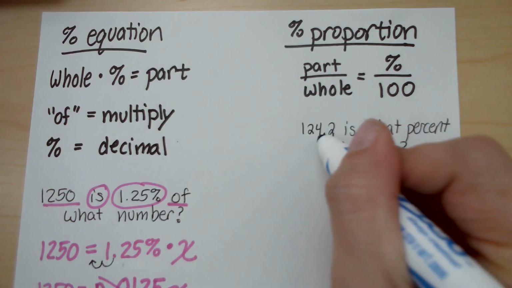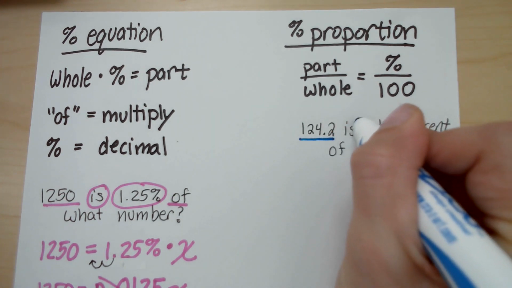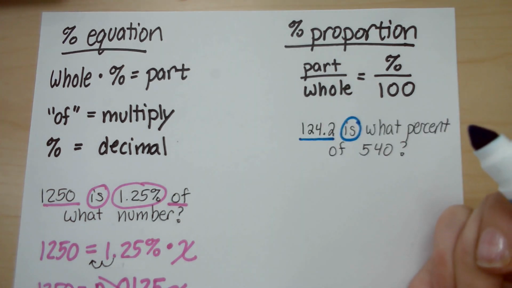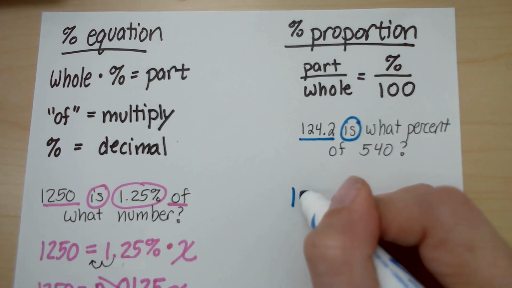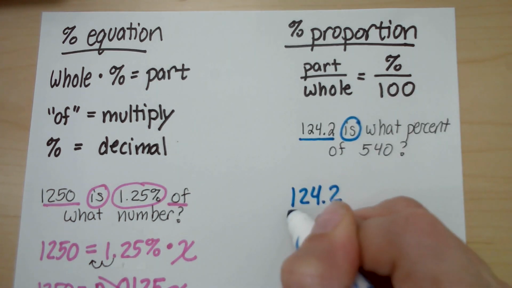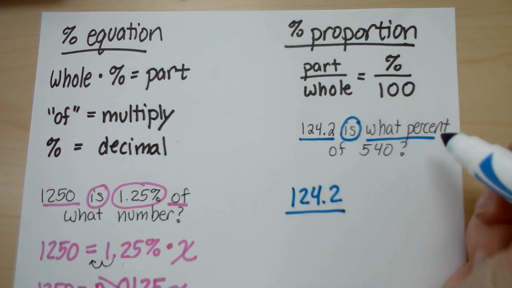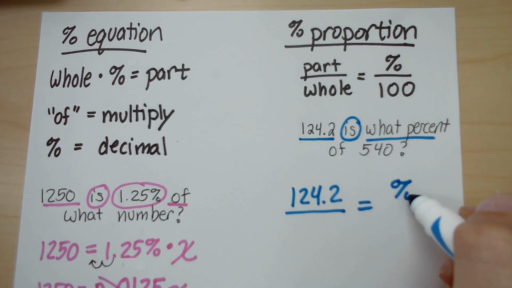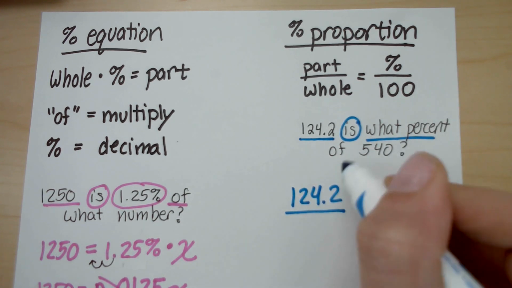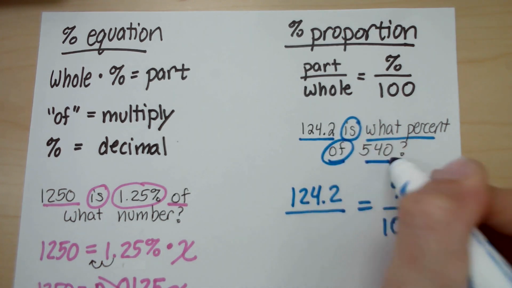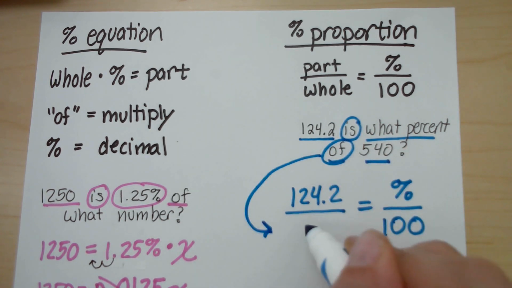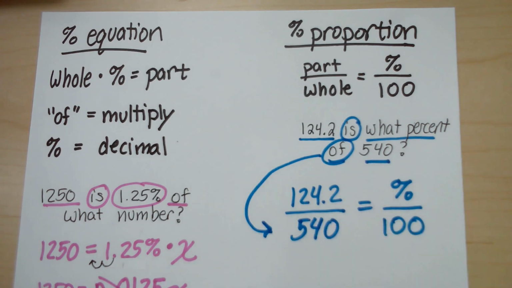So in this case, 124.2 is, so that's the part, 124.2 is what percent? So that means the percent is what we're missing. And then of tells me what number goes on the denominator, so that would be 540.